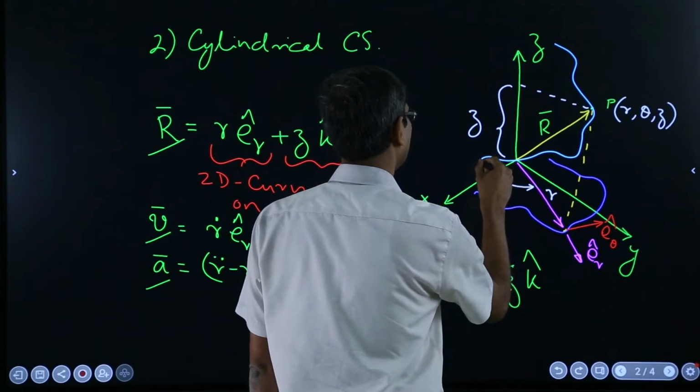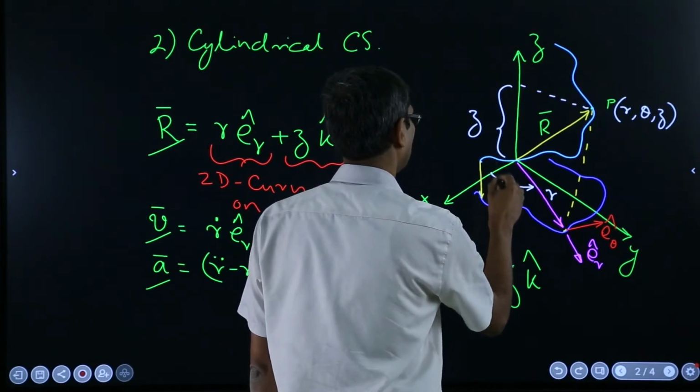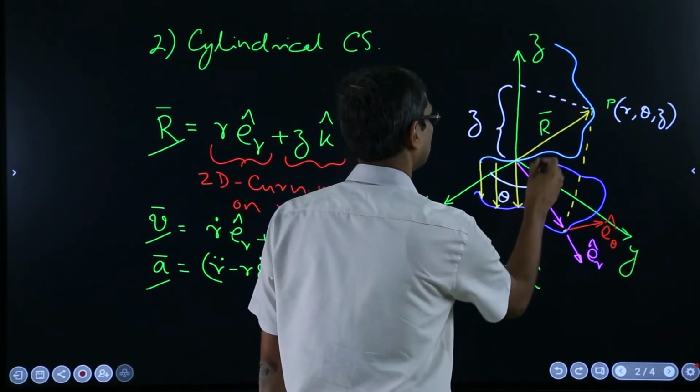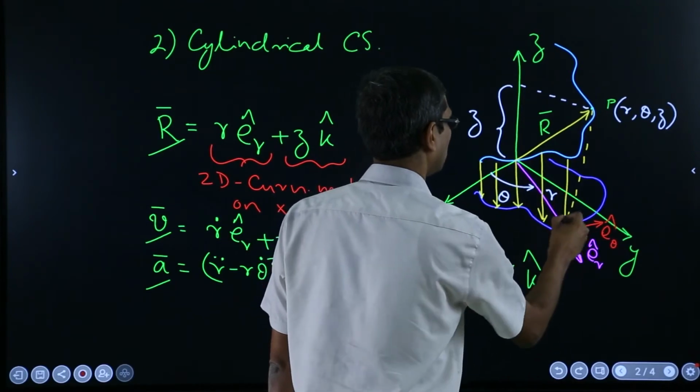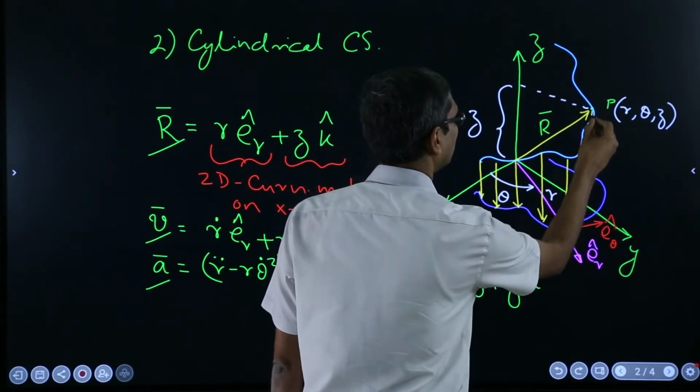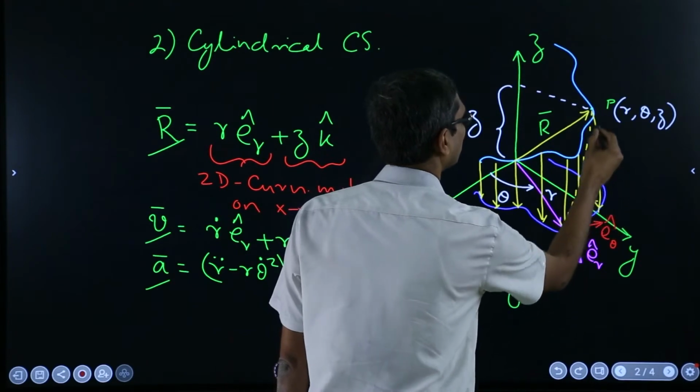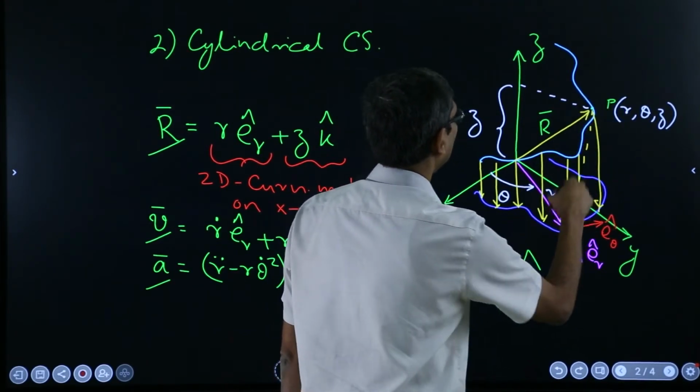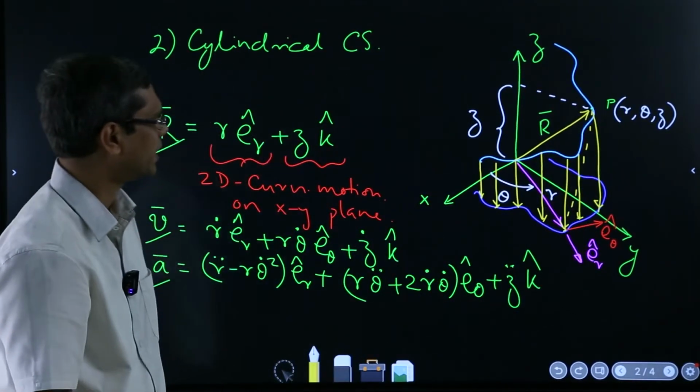Just to say that these are all projections, because we have already used the curve completely. So that is how the projections go onto this plane.